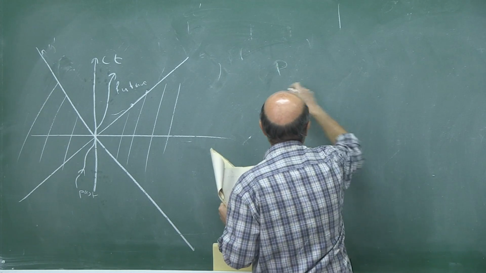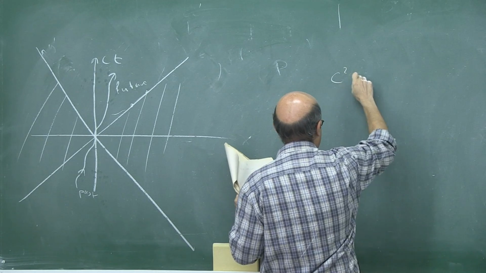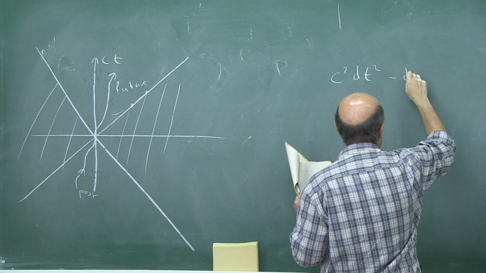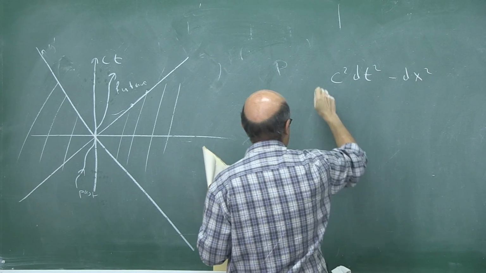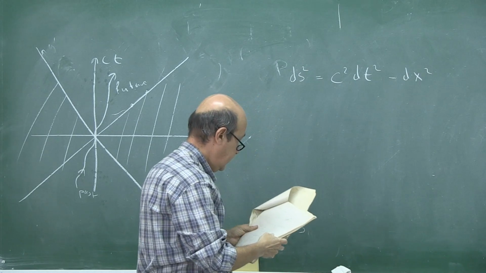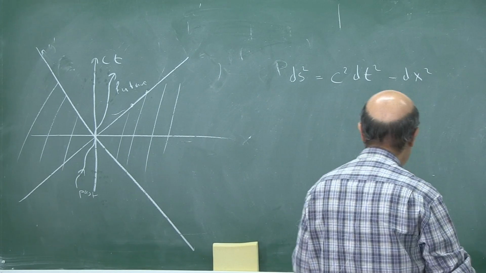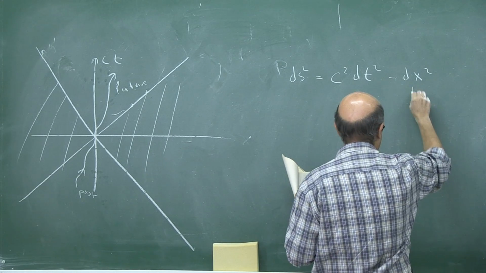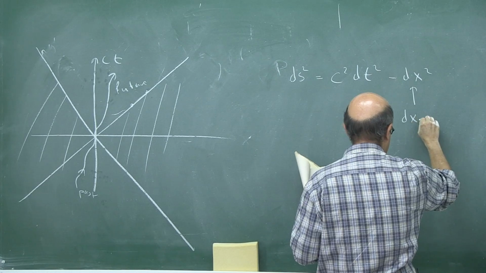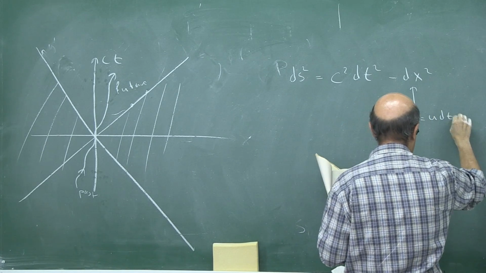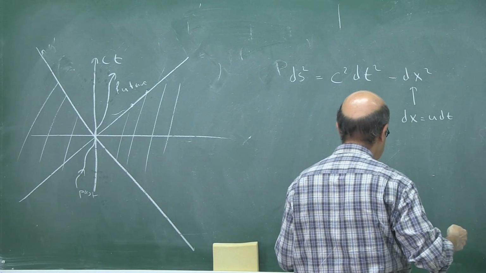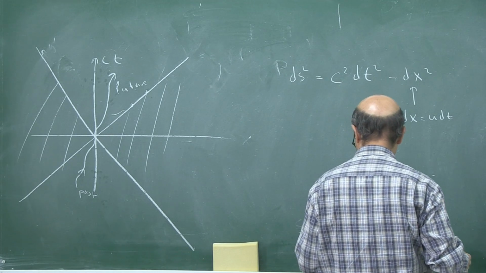Then c square times the differential amount of change minus dx square should be ds square, and dx is nothing but, let's say, u times dt, u is the speed, and dx square will be u square dt square.